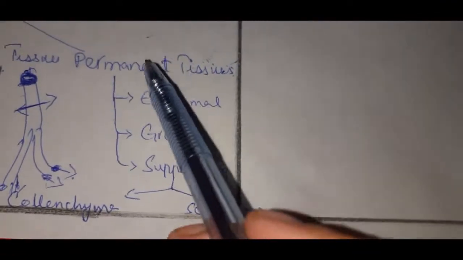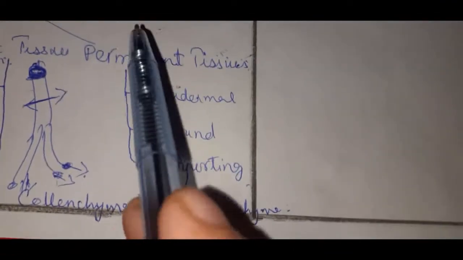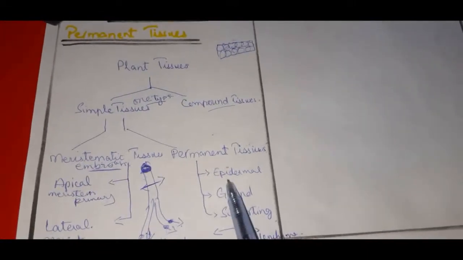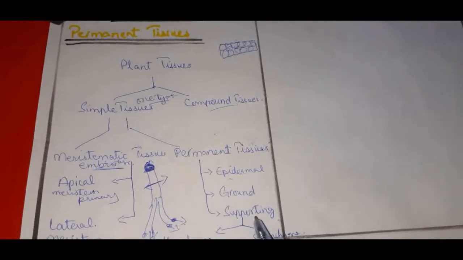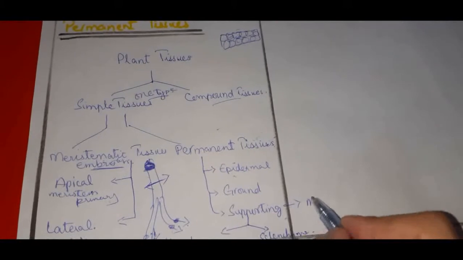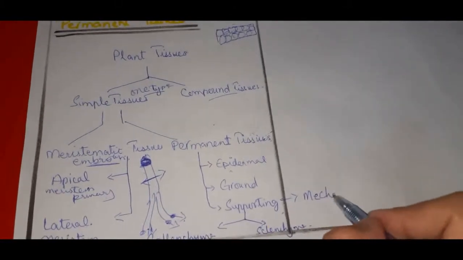Now, what we have to learn is that permanent tissues in plants are divided into three main groups: epidermal tissues, ground tissues, and supporting tissues. These supporting tissues are also called mechanical tissues.